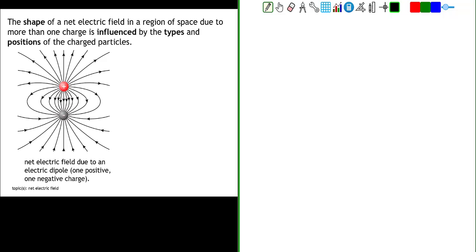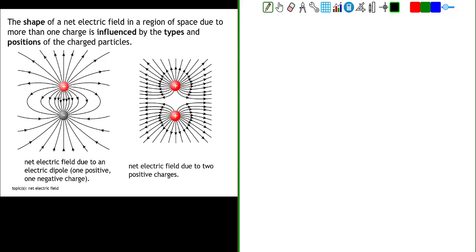And depending on where you are, the net electric field, which is what this diagram depicts, the net electric field of both charges, would look like this, and in most regions of space will be curved, except for on a line directly connecting the center of those 2 point charges.